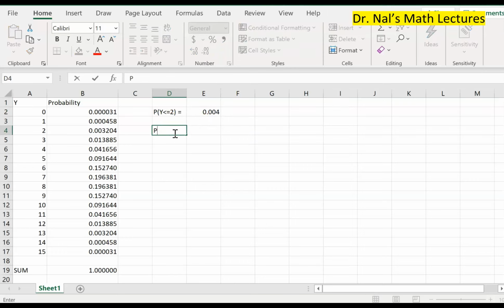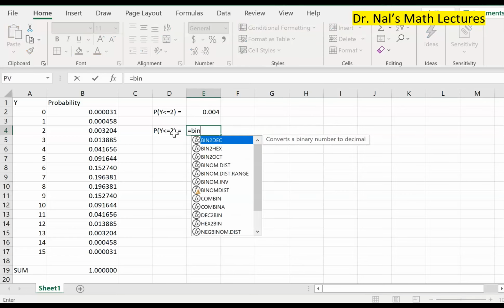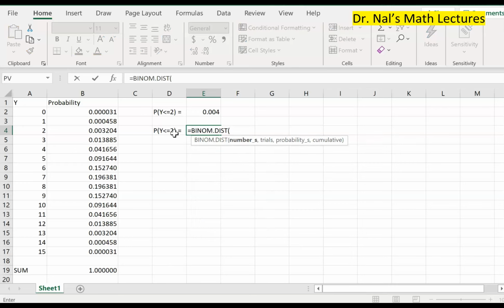Alternatively, we could have directly used the less than or equal to 2, the cumulative distribution function. So let me also show you that. Binom.dist, number of successes 2 or less, right? Out of 15, the probability of success for each individual trial is 0.5, and we want a cumulative. So that will give us 2 or less directly, basically.